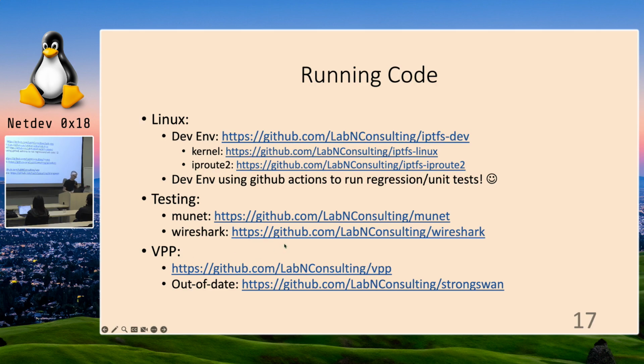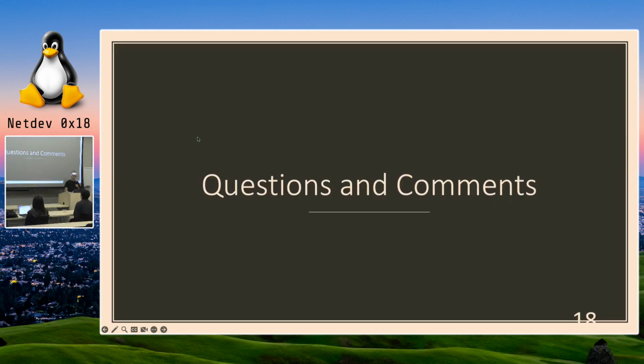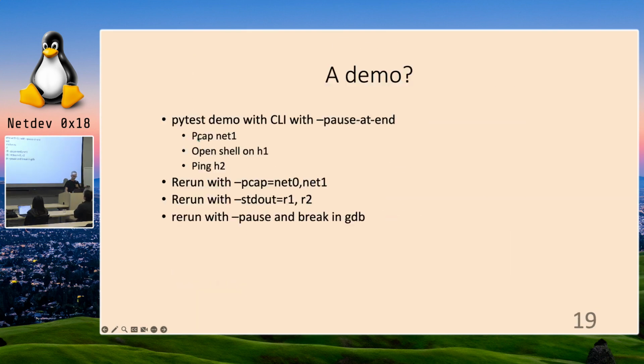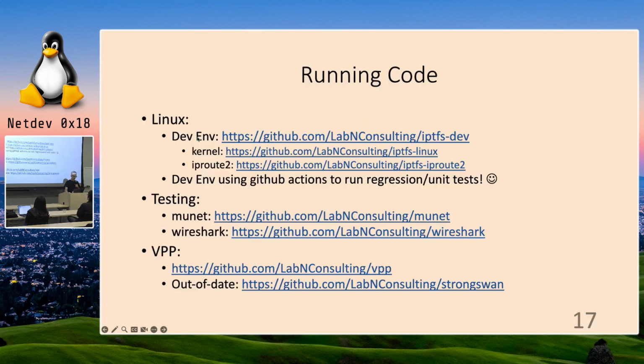Last time I also did a presentation of my testing framework, which is available in MuNet. If you do the development environment, you can type make test. You'll have to actually download MuNet too. Anthony's done it, but it required some hand holding. It didn't work out of the box.